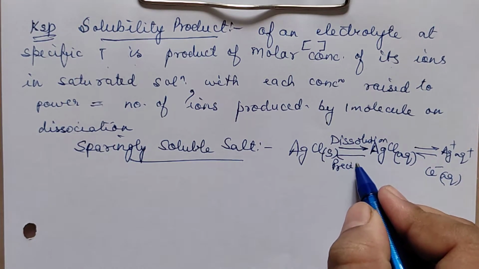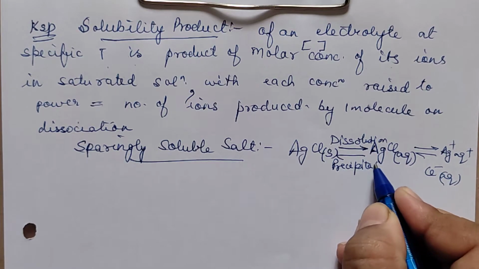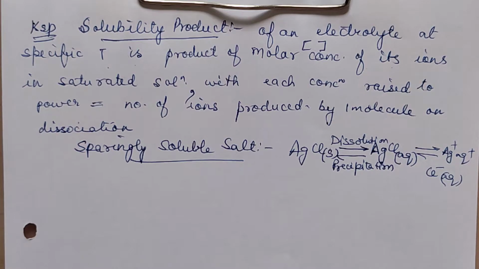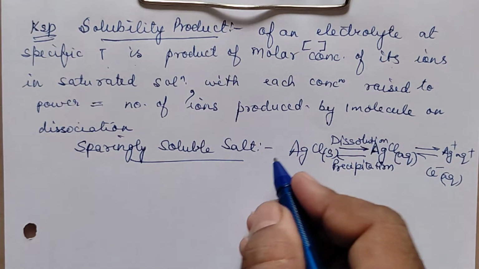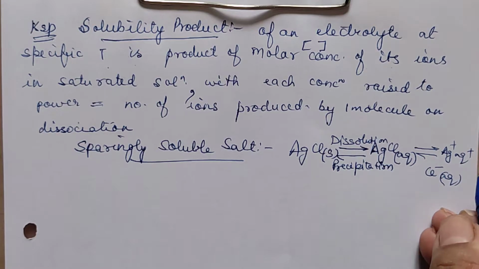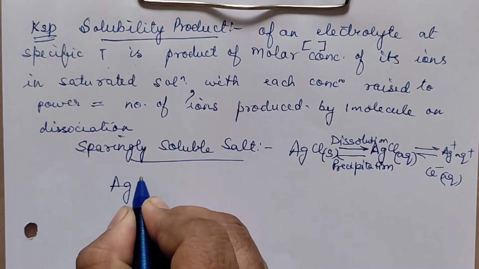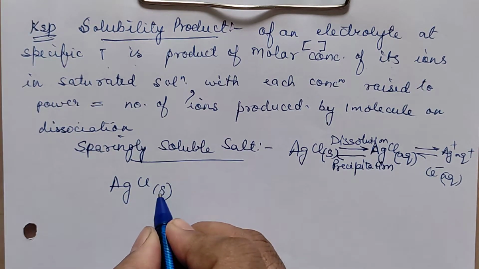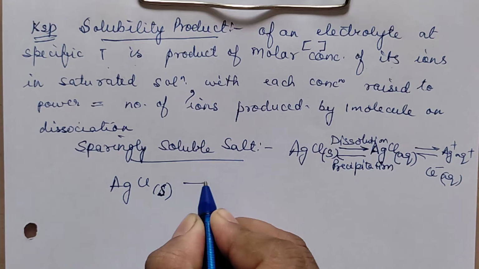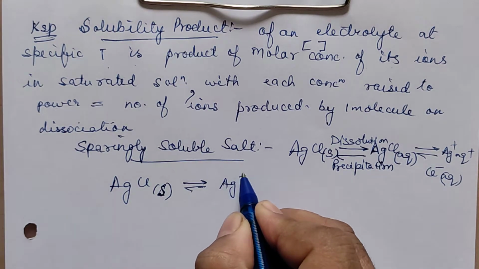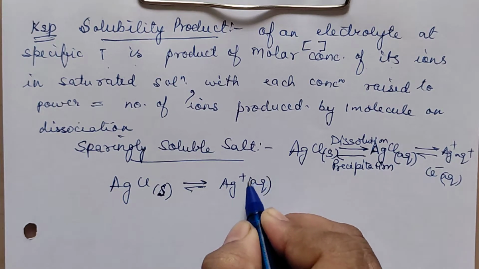Now why have I not written the one-sided arrow? Because it is not dissociating completely into ions, it is sparingly soluble. Part of it is getting dissolved, forming ions, and ions are again combining and forming the precipitate. Most of the time we do not write the aqueous part, we just write AgCl solid, with reversible arrows, in equilibrium with its ions Ag plus and Cl minus in the aqueous medium.